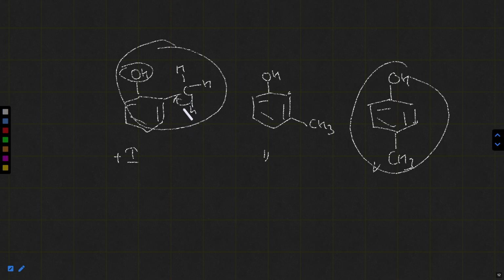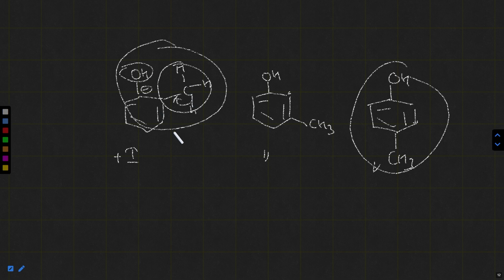And hyperconjugation effect, if you try to draw the structure, you will see that it is increasing the negative charge on these positions. Although this hyperconjugation is not as pronounced as compared to your resonance, but it has an effect. Since this I effect is distance dependent, it is obvious that ortho should have a greater plus I effect and hence be less acidic.